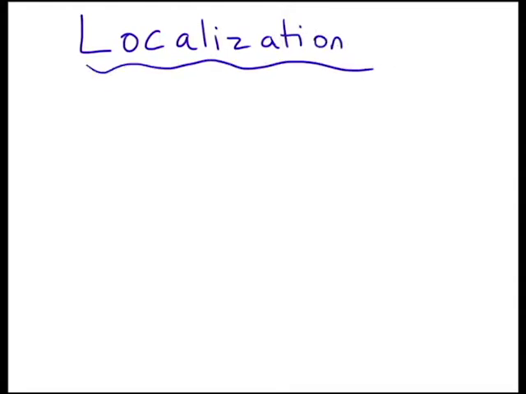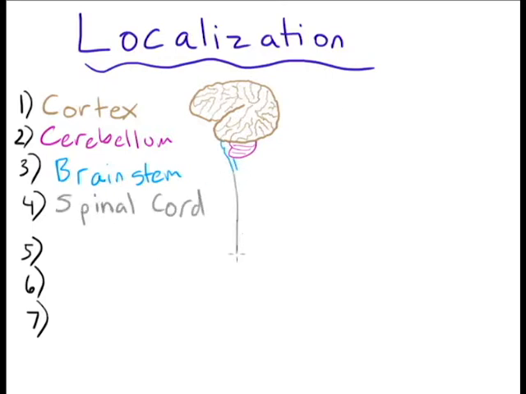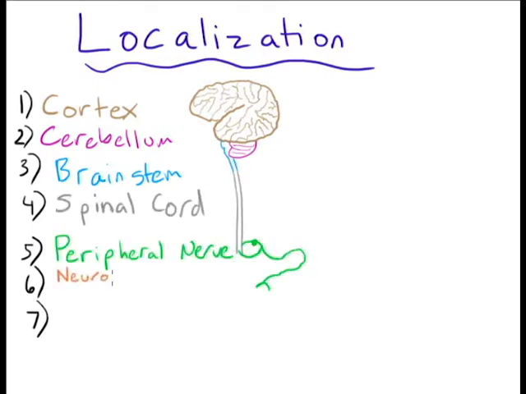In order to understand how neurology approaches a patient, we need to visualize the physiology of the nervous system. There are 7 structures in the nervous system where we can localize a disease to, and they can be remembered by following the flow of their anatomic location from head to toe. They are the cortex, cerebellum, brainstem, spinal cord, peripheral nerve, neuromuscular junction, and muscle.